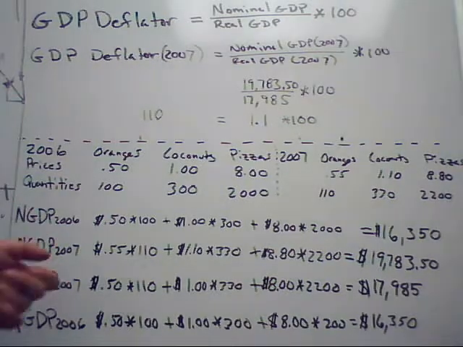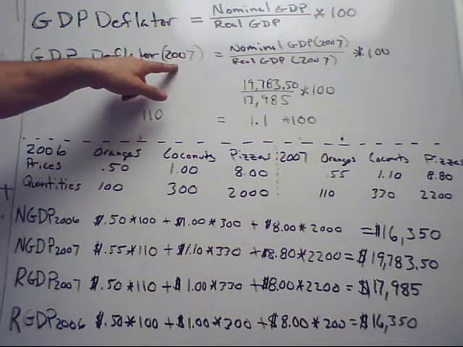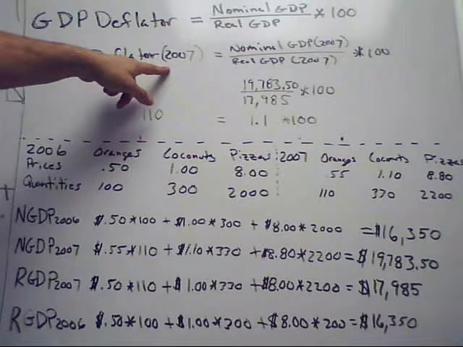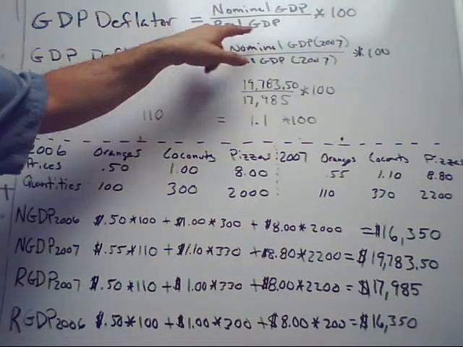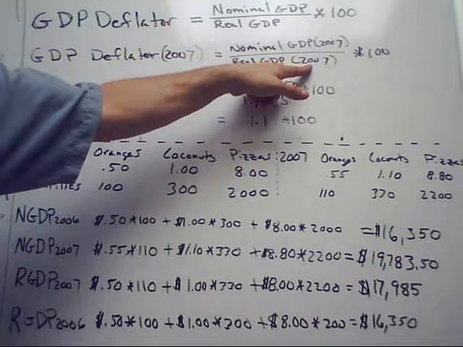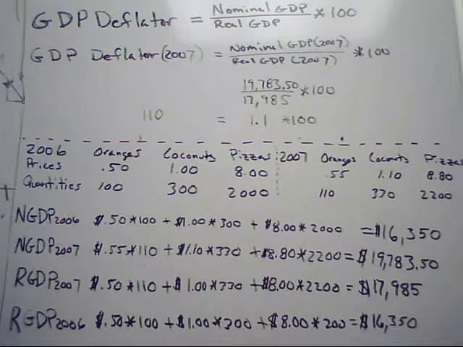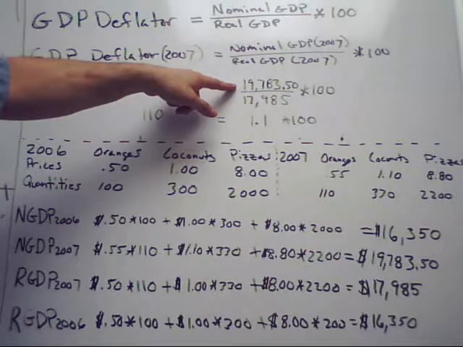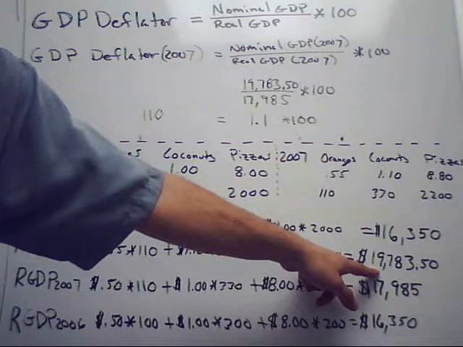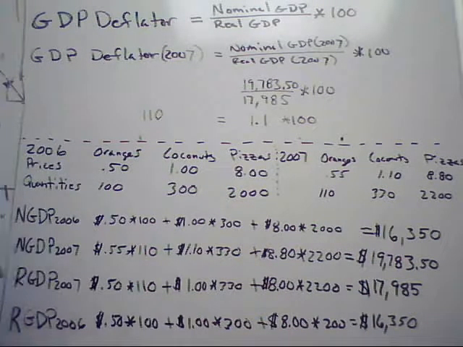Suppose I were looking for the GDP deflator in the year 2007. I can use this same equation. The GDP deflator in 2007 is equal to nominal GDP in 2007 divided by real GDP in 2007 times 100. Well, nominal GDP in 2007 we calculated as being 19,783.50.